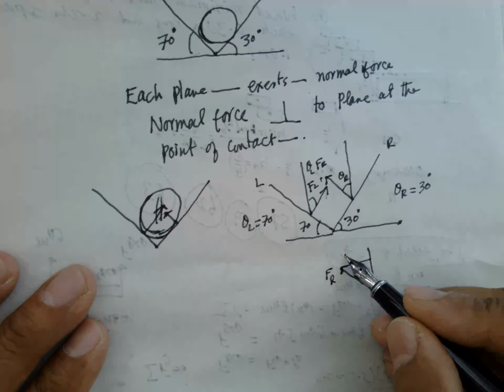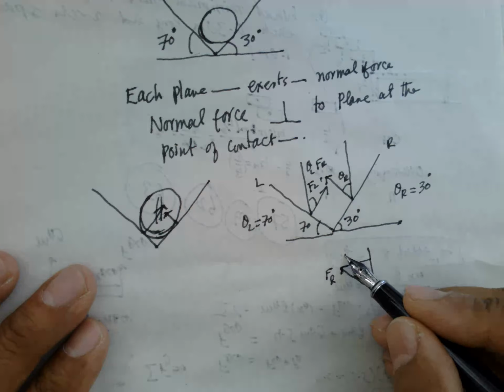This is the right force, so we can write it F_R, and there is another one, which is F_L. This is the point of contact, this is right and this is left, and then there is an angle.